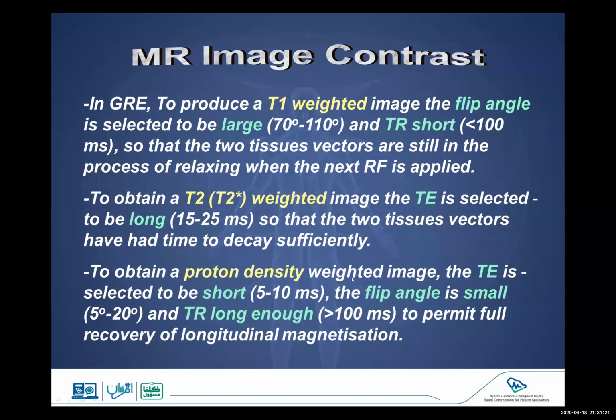Again, to obtain proton density weighted images, the TE is selected to be short, from 5 to 10 milliseconds, and the flip angle is small, as opposed to T1. And by that, we diminish the effect of T1 and T2, and we will get proton density weighted images.